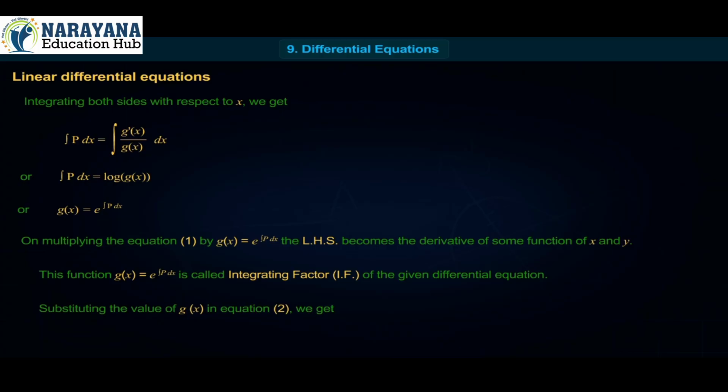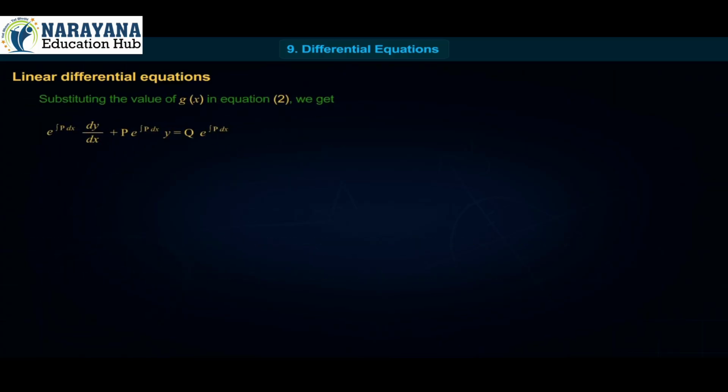Substituting the value of g of x in equation 2, we get e raised to integration p dx dy by dx plus p e raised to integration p dx y is equal to q e raised to integration p dx, or d by dx of y e raised to integration p dx is equal to q e raised to integration p dx.